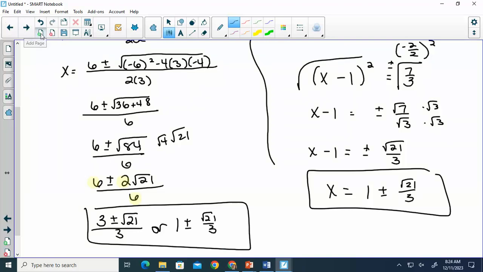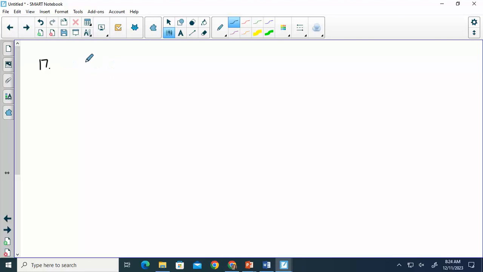Let's look at 7. This one is useless. Alright, is there any greatest common factor? No, so if we try slip and slide.